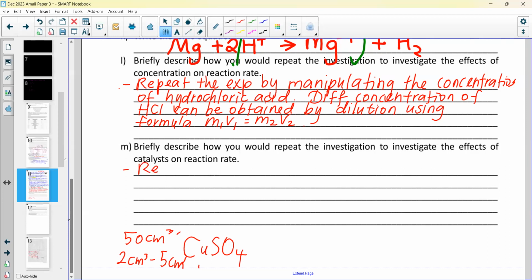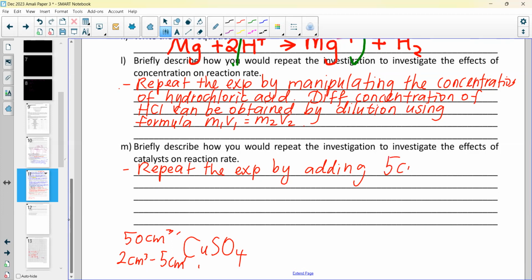Same thing, repeat the experiment by adding... how much maybe you can mention? 2 cm cube. Okay, either you like 2 or 5. I like 5.